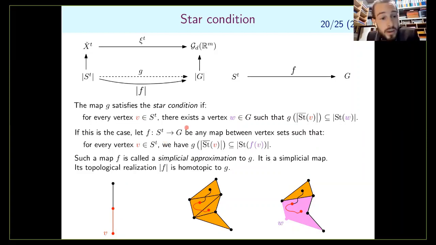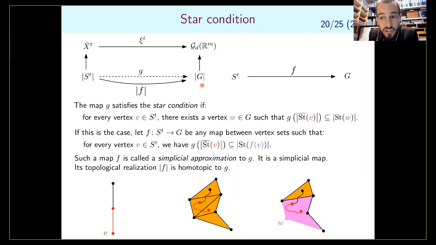And if it does, for every vertex V of ST, you can choose any corresponding vertex W. Such a choice is called a simplicial approximation. And you can show that a simplicial approximation is a simplicial map between simplicial complexes, and that it is homotopic to G, the first continuous map. So we solved the simplicial approximation problem here.